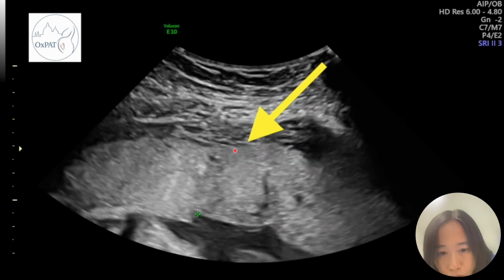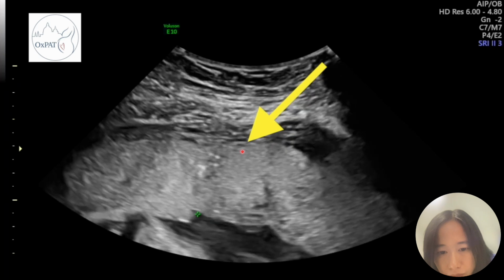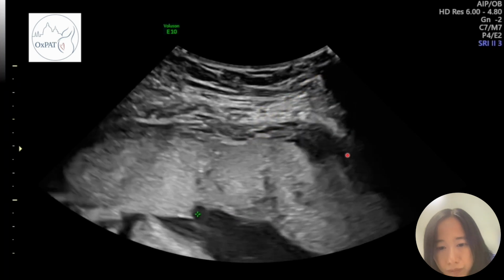You can see little movements here. Can you see these little movements when they release?